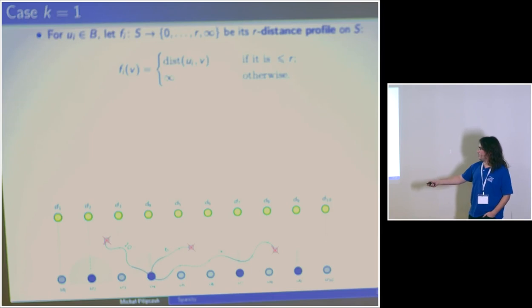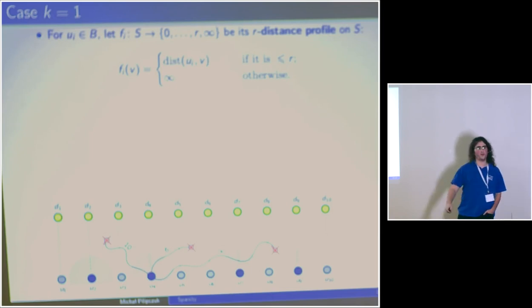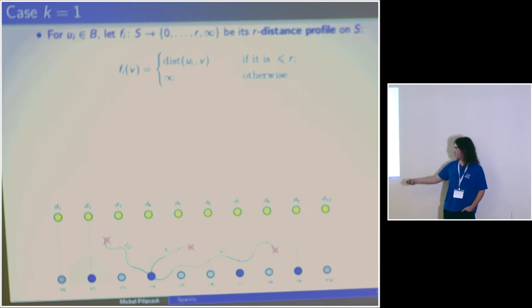Now let me do some classification on those vertices. For every vertex, let me measure the distance to every vertex from the set S that I removed. Say to this one I am at distance 10, to this one at distance 6, and to this one I am at distance more than r, which I will just denote by infinity. I do not care about distances larger than r. So I define the r-distance profile, which is just the distance function to vertices from S capped at threshold r.